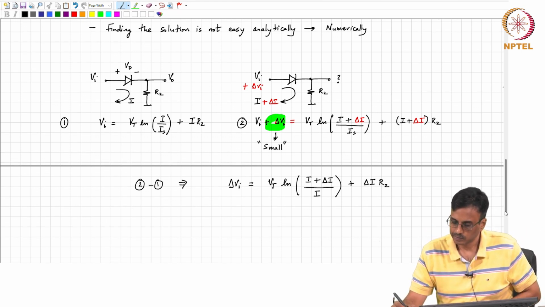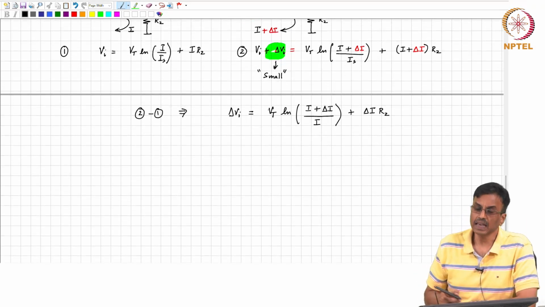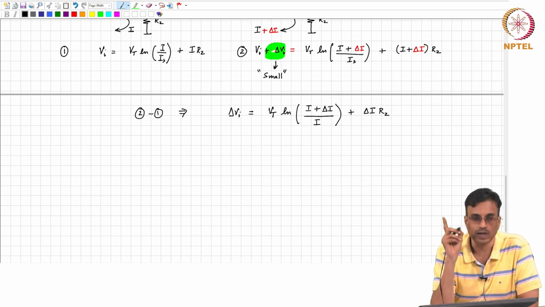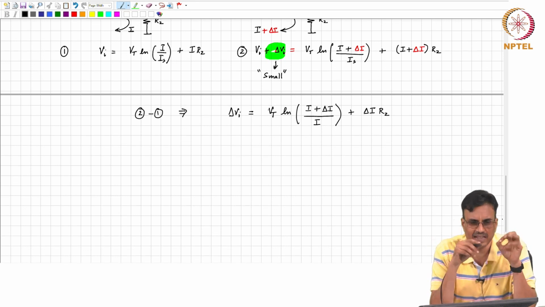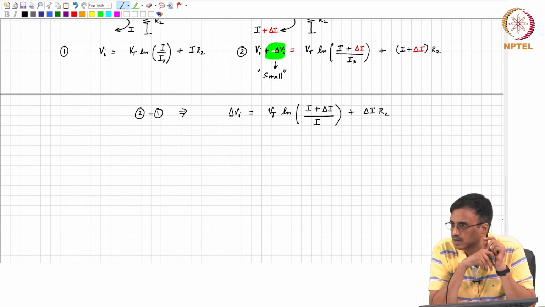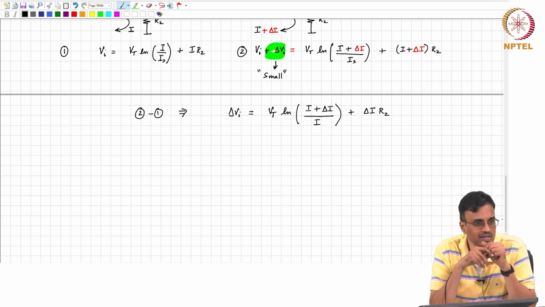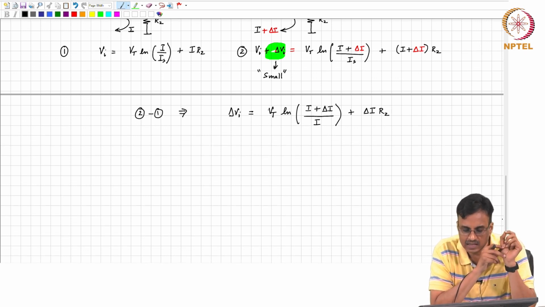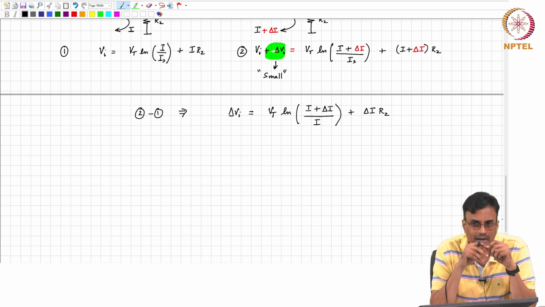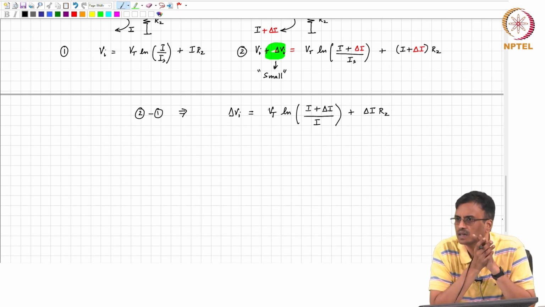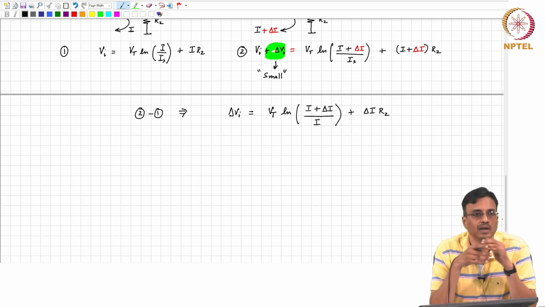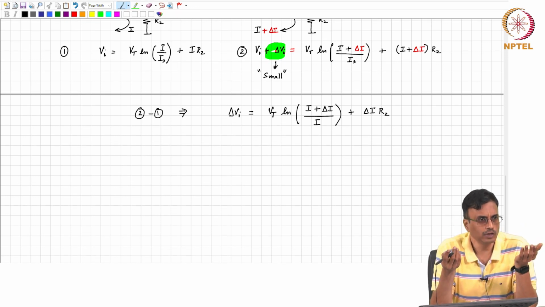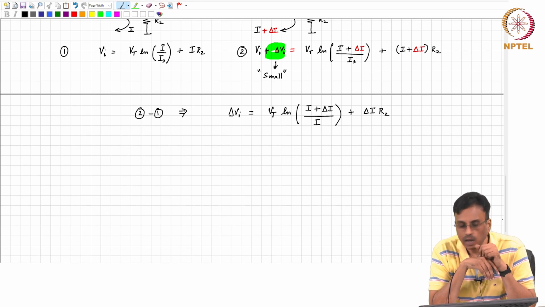Now, if delta Vi is very small, in other words, if the exciting input has changed just a little bit, where again we will come back to what this just a little bit means going forward, what comment can we make about the change in the loop current? The change in the loop current will also be very small.